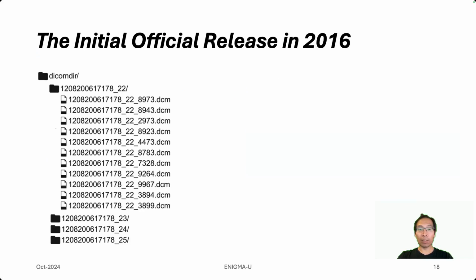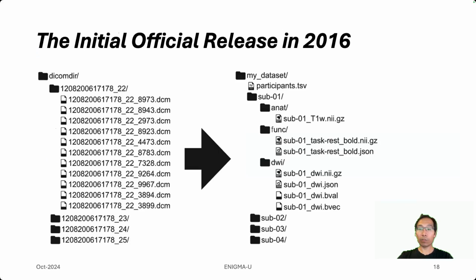On the left side of the screen, we can see raw DICOM data. That's exactly what you will get from the scanner after you run the experiment and download it. The right side of the screen shows that the data has been sorted and organized in BIDS format. As you can see, there is a list of participants.